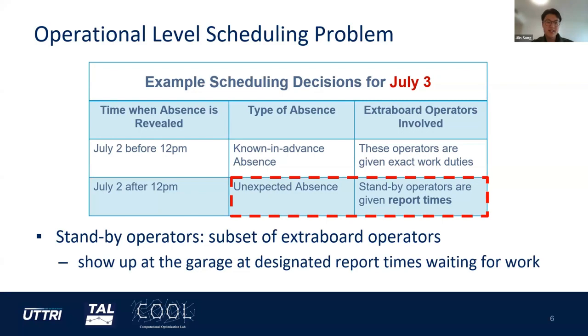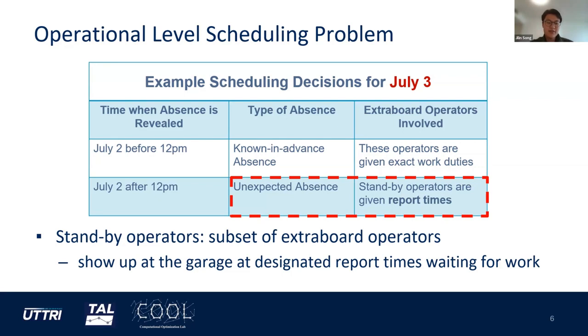for this presentation. Before 12 p.m., any absence revealed will be known as known in advance absence. For example, if a driver says, I won't make it on July 3rd before 12 p.m., then we can get an Extraboard operator to cover their job exactly.